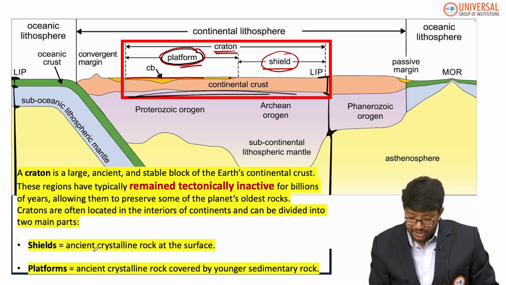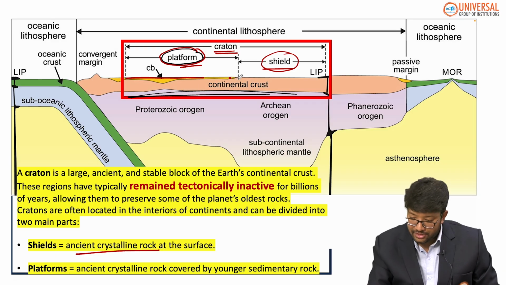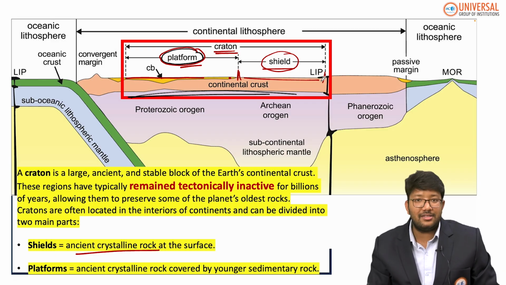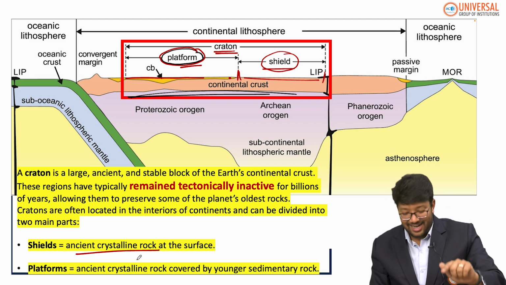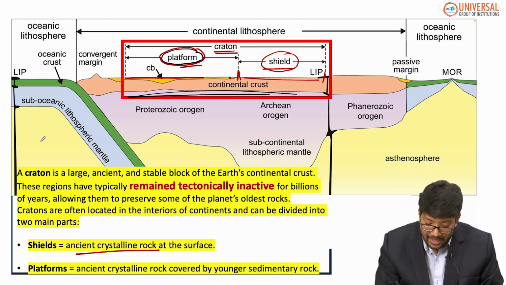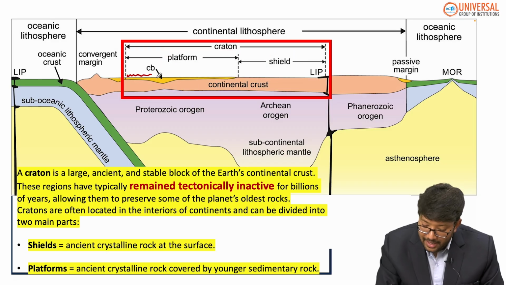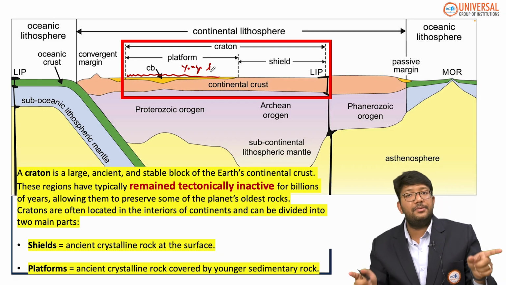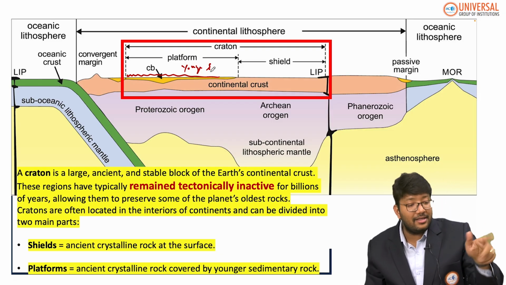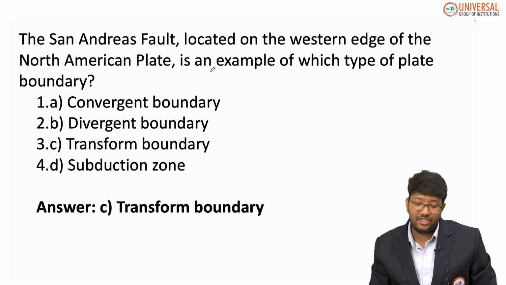So what is a shield? A shield means ancient crystalline rock exposed at the surface from here to here. What are platforms? Platforms are also ancient crystalline rock, but covered by, can you see, younger sedimentary rocks. This is the difference between platform and shield in cratons. It can be asked in the examination, so be ready for it.